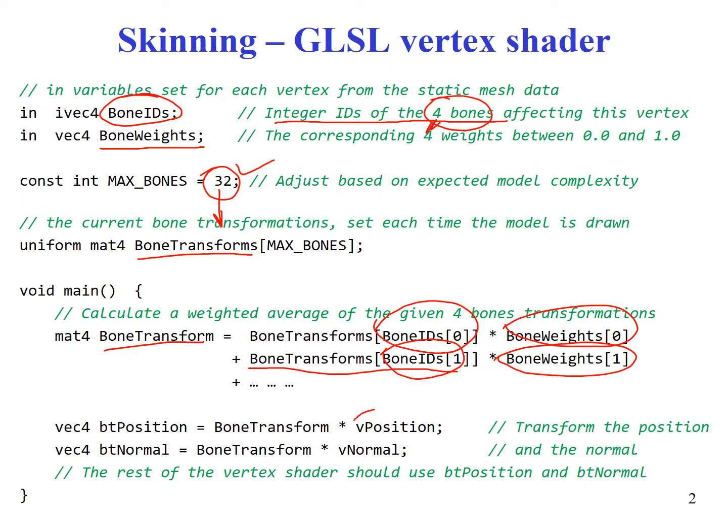This is the vertex position that is being multiplied with the bone transform to give us the final position of the vertices after performing the bone transform. And we transform their normal vectors in exactly the same way to give us the bone transform normals.